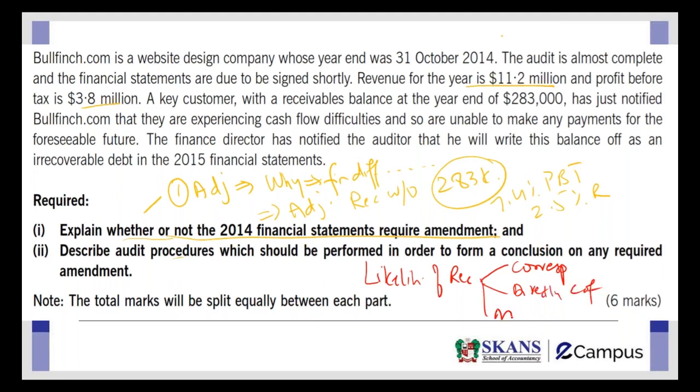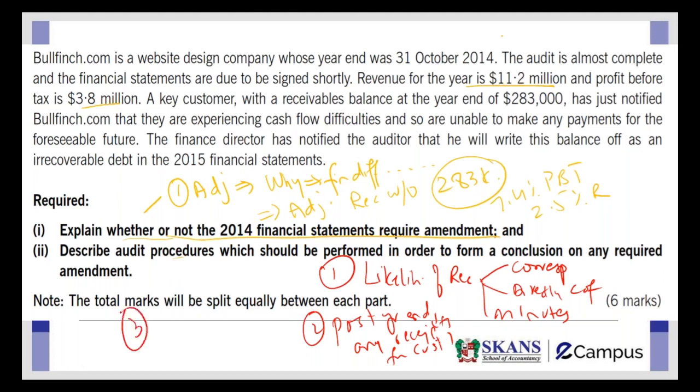I could also inspect the minutes of the board meetings to determine the chances that they would actually be getting the money from this key customer. Plus, I could be looking at post year end any receipts from this particular customer.